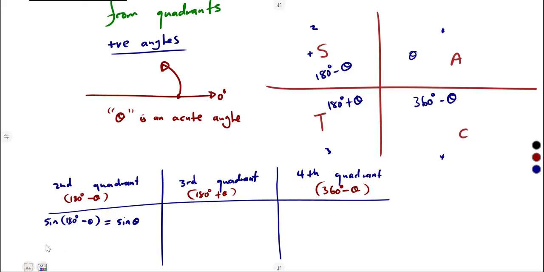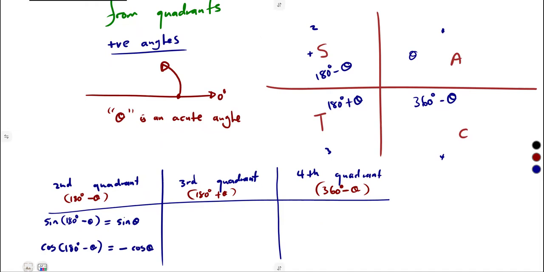All right, what about cos of 180 degrees minus theta? In which quadrant? Second quadrant, where sine is dominating, it means cos is negative, it does not have power there. So cos is negative.